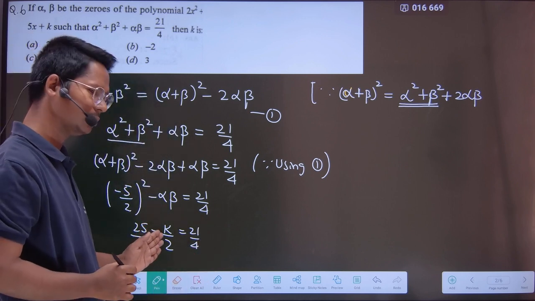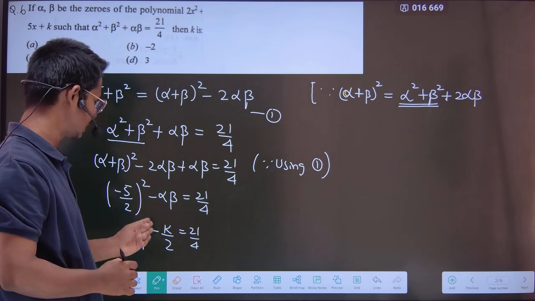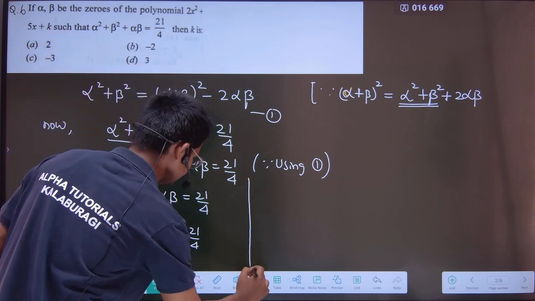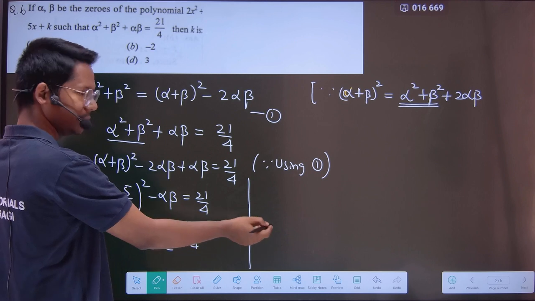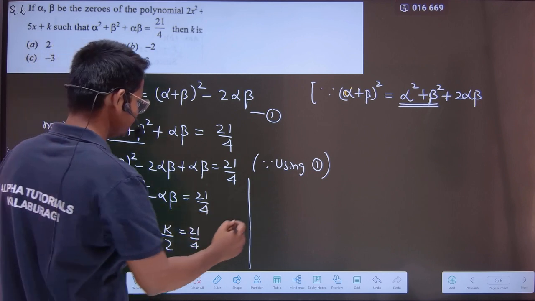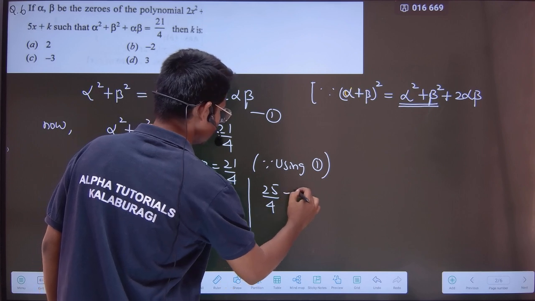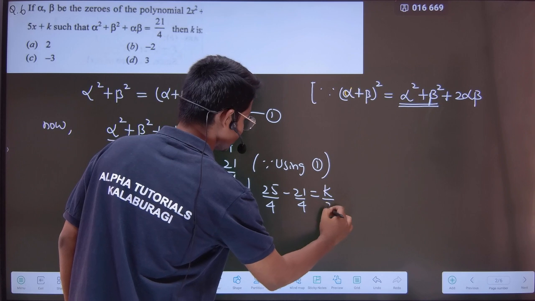I need k value. When I need k value, k sign should be positive, so it is negative means I will shift k term to the right side. When I shift k term to the right side, the right side fraction I'll take to the left side. So it is 25 by 4 minus 21 by 4 equal to k by 2, the minus becomes a plus.